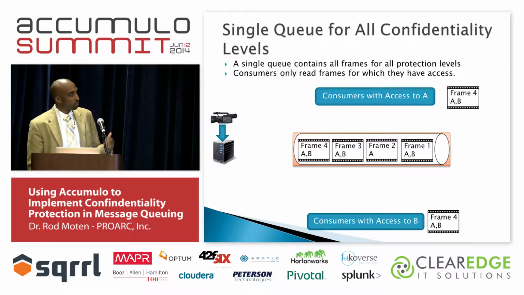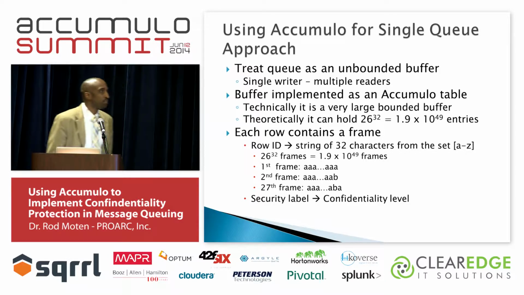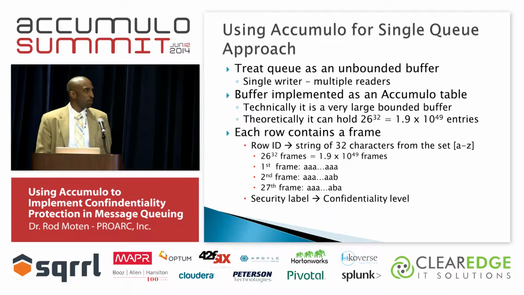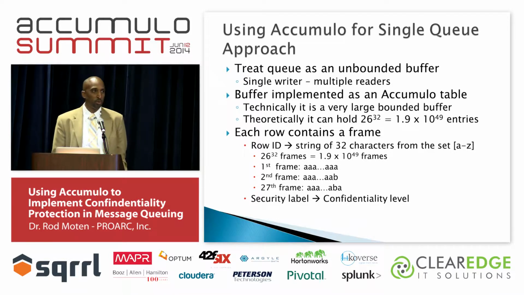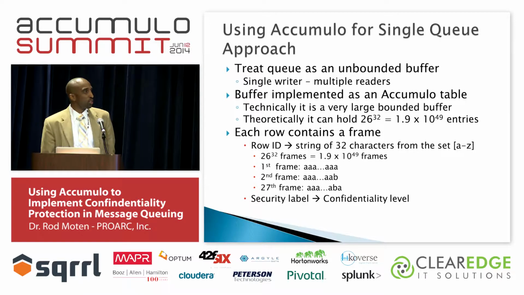Now, how do we implement this? Again, you can't do this in QPid, at least I don't think so. So let's try this with Accumulo. The way we're modeling this with Accumulo is that we're going to implement an unbounded buffer. If you took computer science at the undergraduate level, you probably took a course in operating systems.